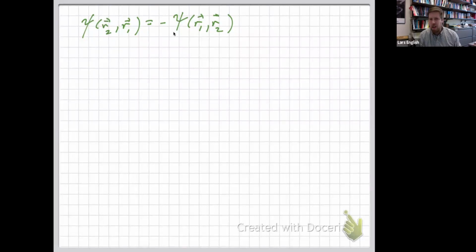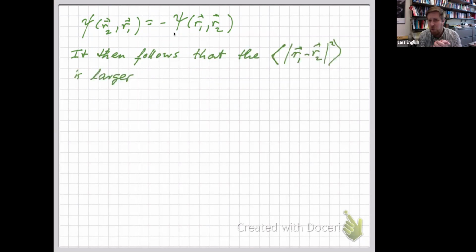That is exactly behaving like the state that we started out with for fermions. And so it follows that we get a larger interparticle distance, or mean separation, between the particles. It's larger because they're acting like fermions spatially.